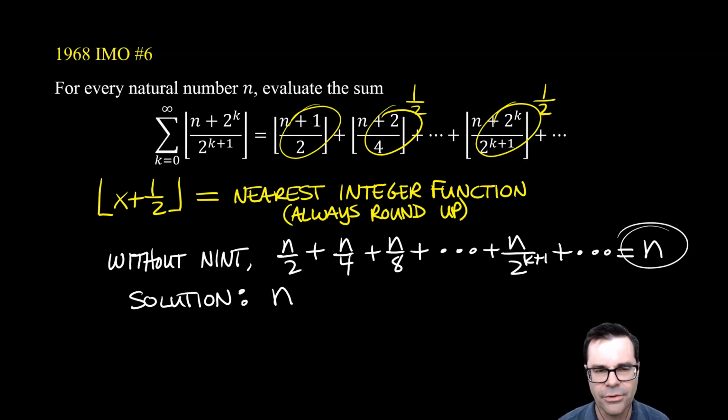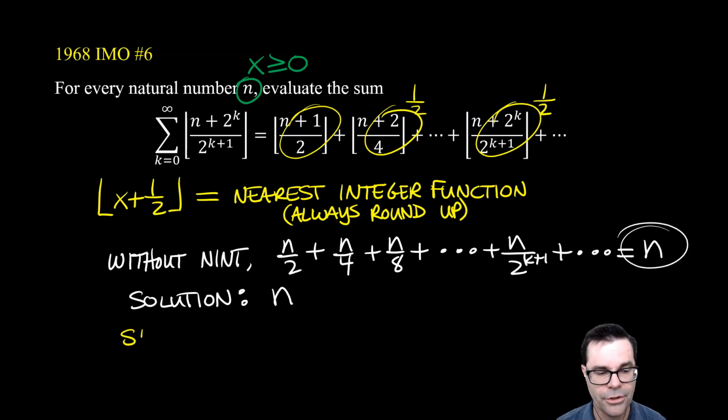What I'm going to show, though, is something a little bit more. It turns out that you don't really need to restrict n to be a natural number here. We could take n to be any non-negative real number. So let's replace n with some x bigger than or equal to 0.